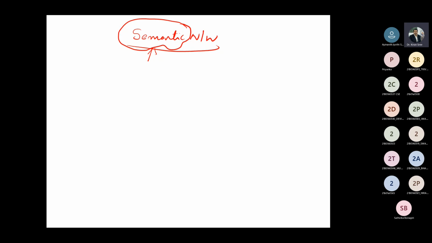But if you have a statement like every mammal is an animal or a mammal is an animal, there is a difference. All mammals are animals, and a mammal is an animal.